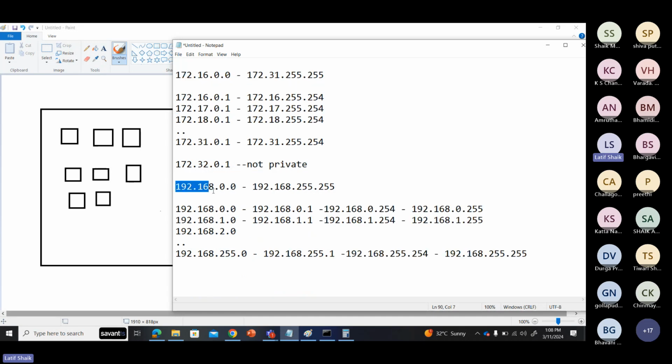If you use 192.168.0.1, 2, 3 up to 255, all are private only. If you use 190.168.9, this is again not private, it's public.